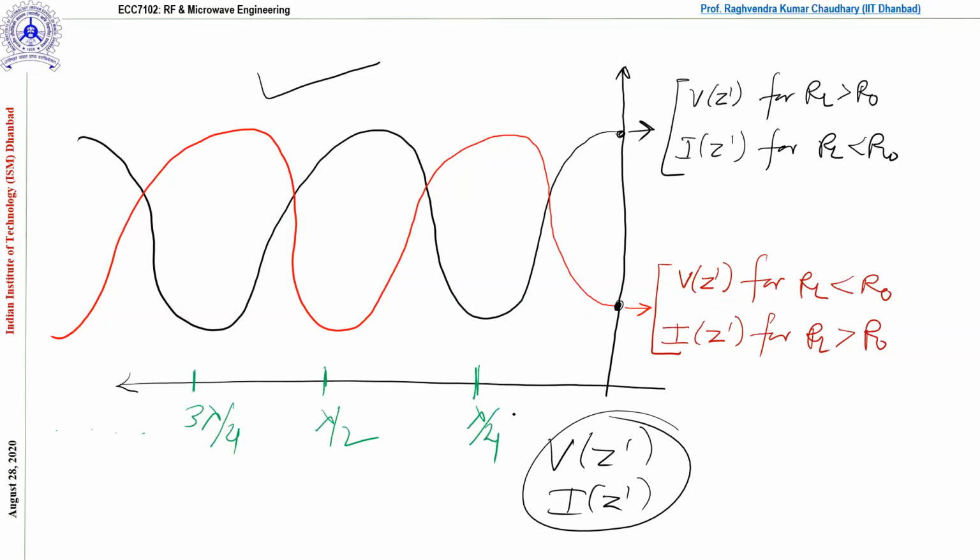So this is all about it. And in the next class we'll see arbitrary load termination, and we'll also discuss short and open, and I'm expecting that you will do these things on your own, and we'll have the discussion over these things.